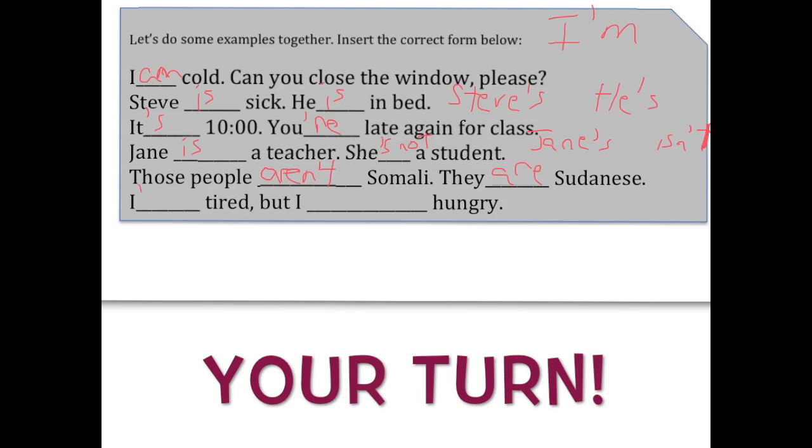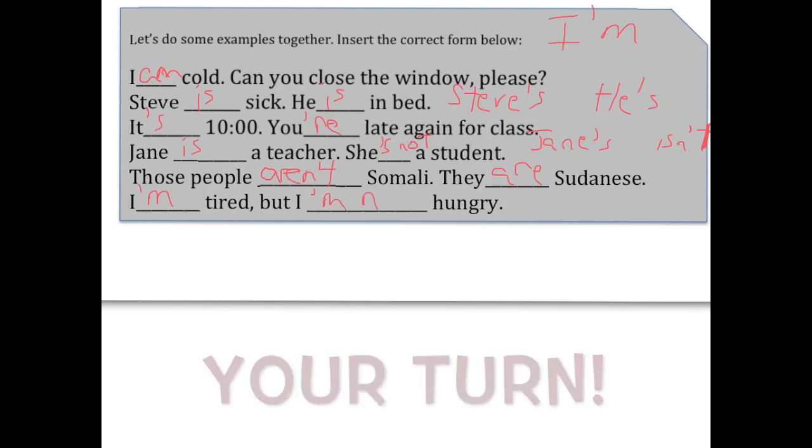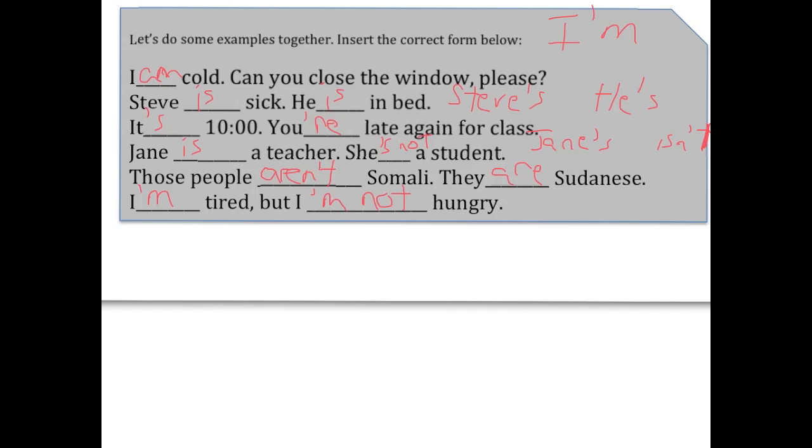You should be thinking positive, so I'm tired. Now how can we make this negative here? You should know that it's going to be I'm not. There we go. So the sentence reads, I'm tired, but I'm not hungry.